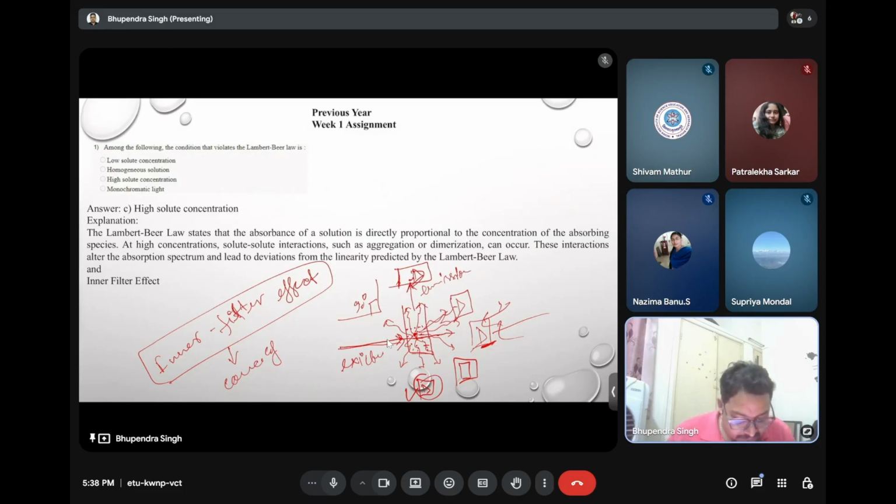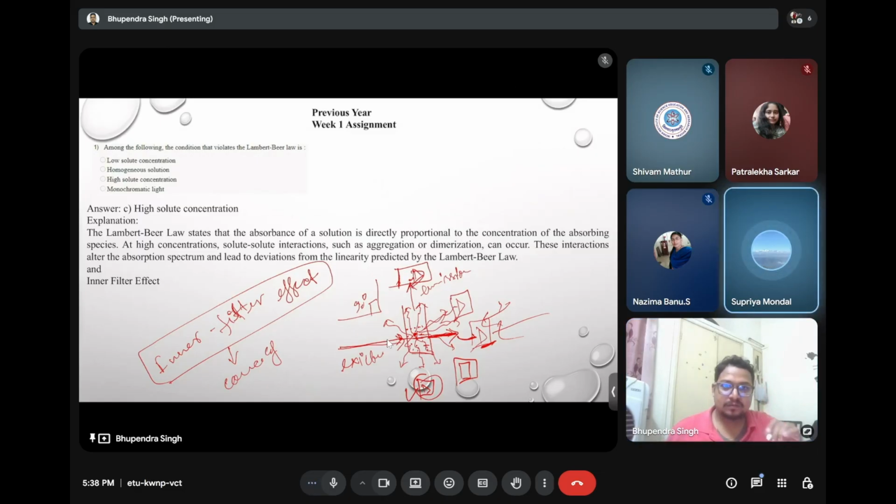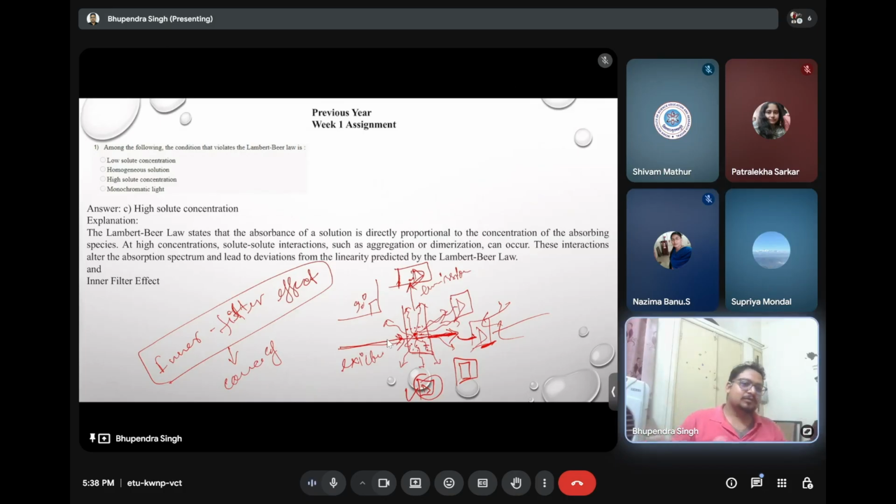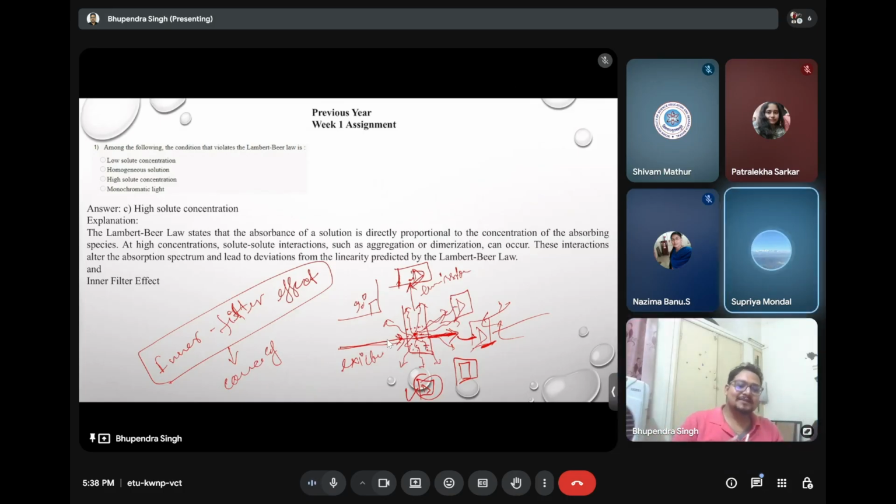So the transmitted light will also be collected by this detector with your emission. So you will not be able to differentiate, or I would say you'll get the wrong emission data. Actually both will be together.